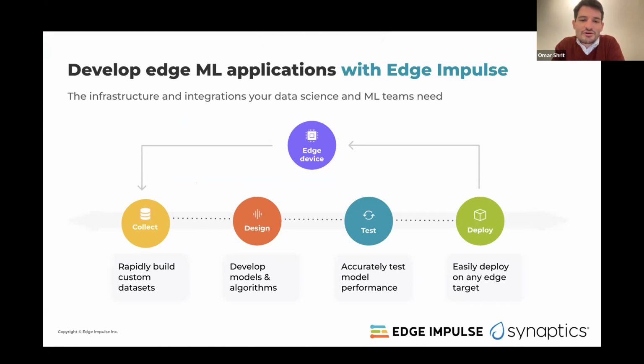So today you are going to see in detail how you can collect datasets from the device, or if you have a dataset that you have locally. Then you are going to design a machine learning model, and you are going to test this model to see how accurate the model is. And finally, we are going to deploy the model back to the Katana board.